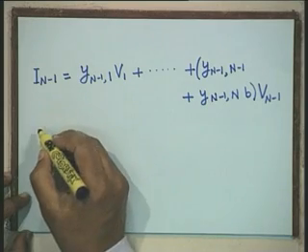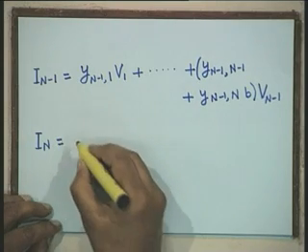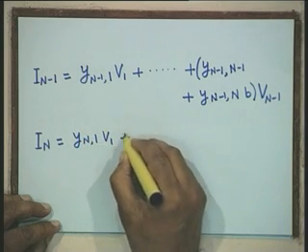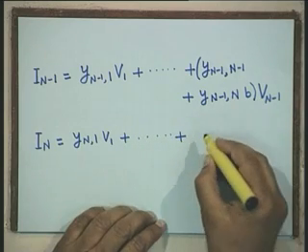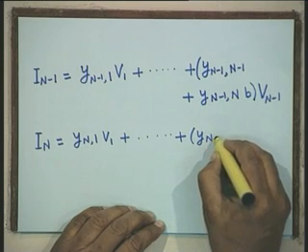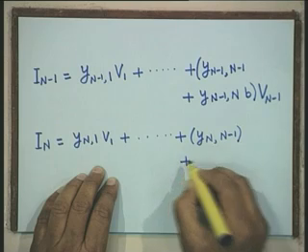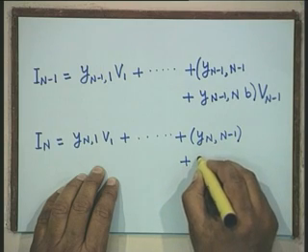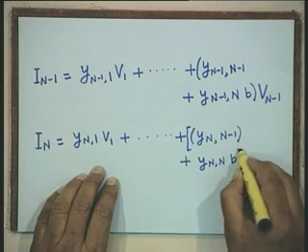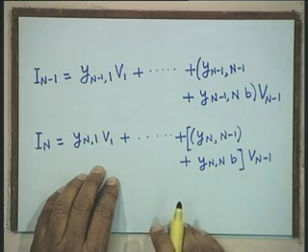Now, you write down the last term, that is I n. I n will be y n 1 V 1, and the last term here, y n n minus 1, plus y n n into B, into V n minus 1, okay, because V n is replaced.